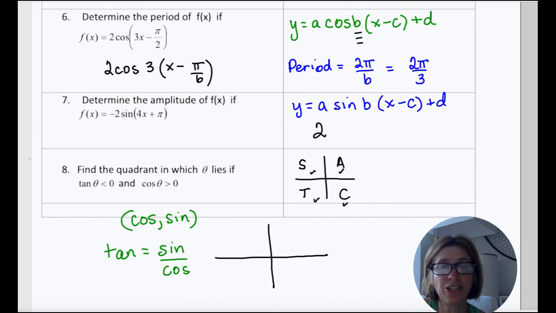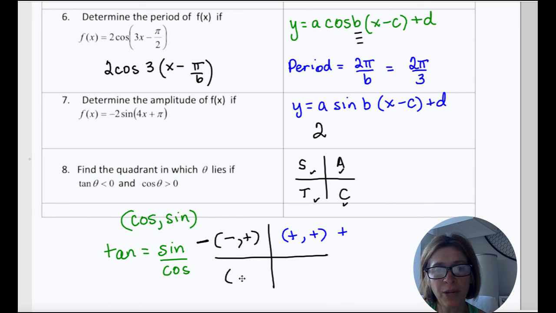Okay? All right, so let's think about this. In quadrant 1, we know they're all positive here, right? Positive, positive. And so tangent would be positive as well. All right, here in quadrant 2, x's are negative, whereas y's are positive. So you can see sine would be positive, cosine would be negative, and if either of those is negative, then tangent's going to be negative.